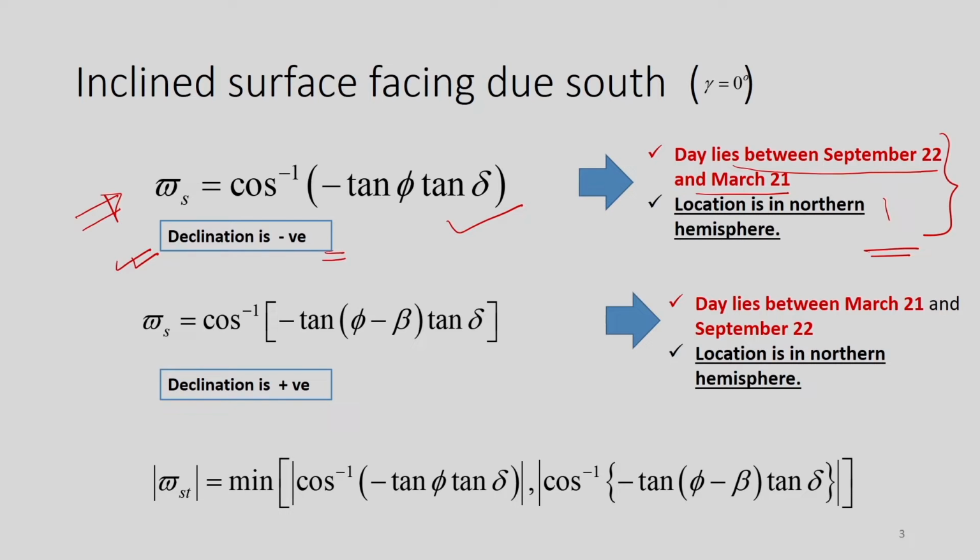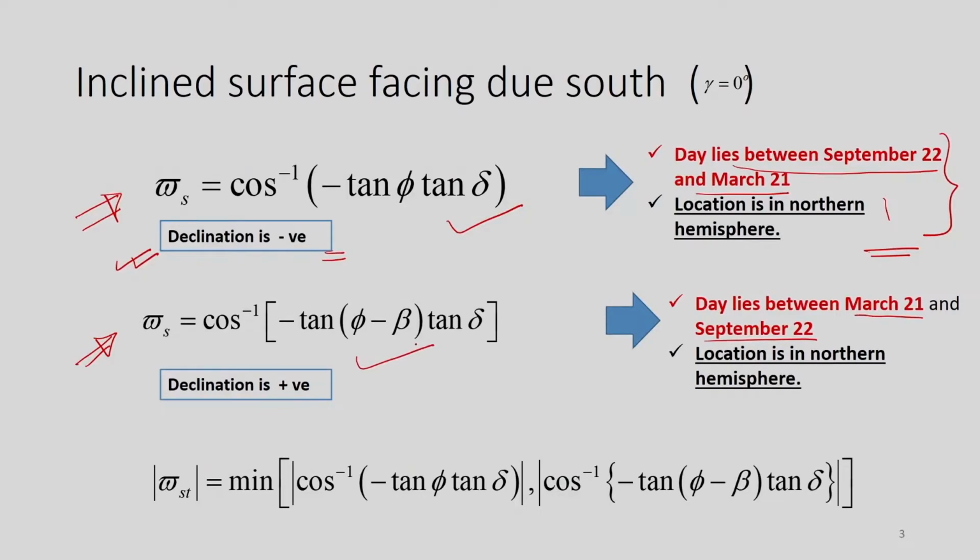The second case is if the representative day considered is between March 21 and September 22, then we need to use this expression. These expressions can easily be derived by considering theta is 90 degrees, substituting in the original equation, where we understood that cos theta is a function of many angles.